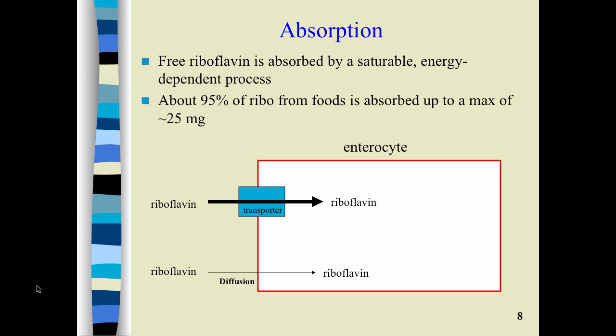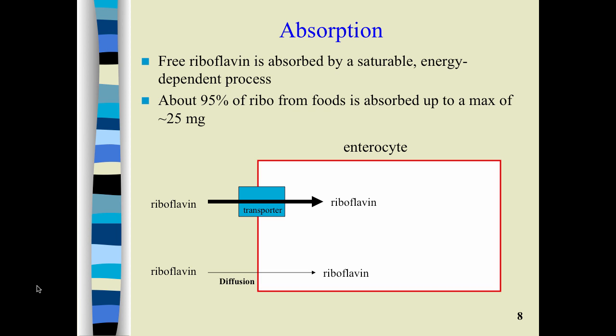About 95% of riboflavin from foods is absorbed, up to a max of 25 milligrams. And maybe I worded this incorrectly, because even if you consume the coenzyme form, 95% of that is going to be absorbed as riboflavin. So in other words, the conversion of coenzymes to vitamin is not rate limiting.